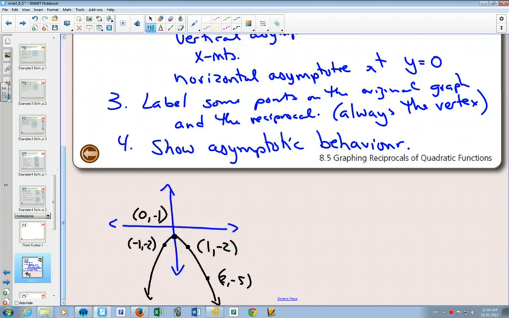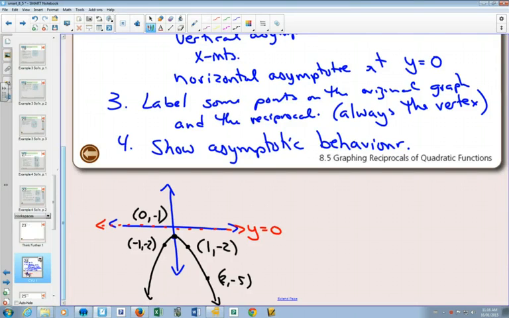Step 2, we're going to draw all our asymptotes. We draw vertical asymptotes where we have x-intercepts. Do we have any x-intercepts? No. Then we draw our horizontal asymptote at y equals 0. Okay? Label points.